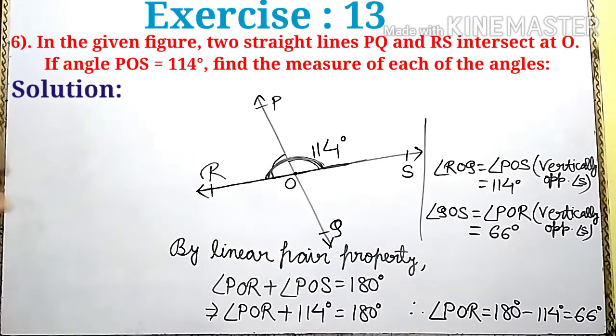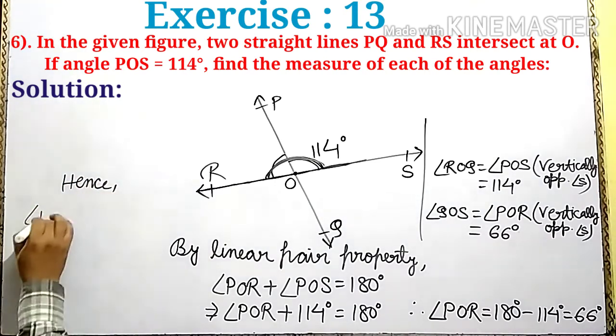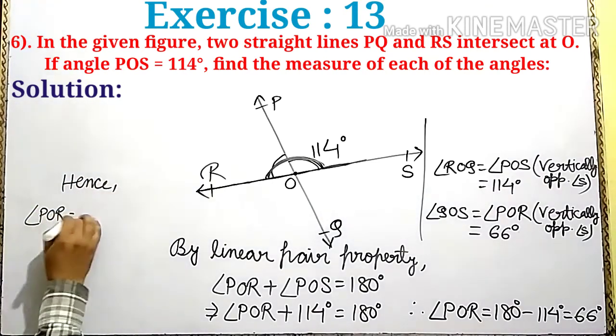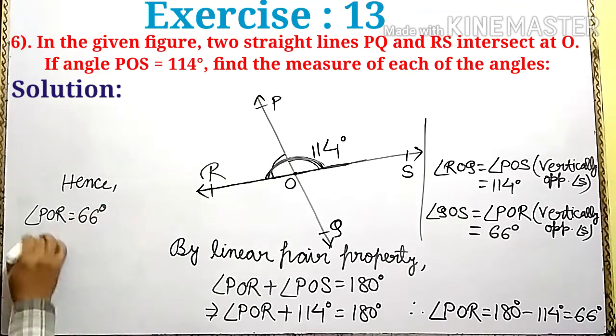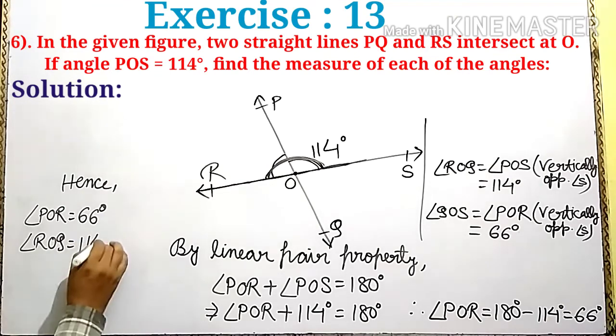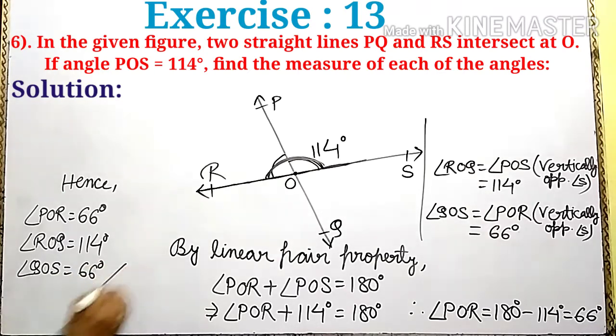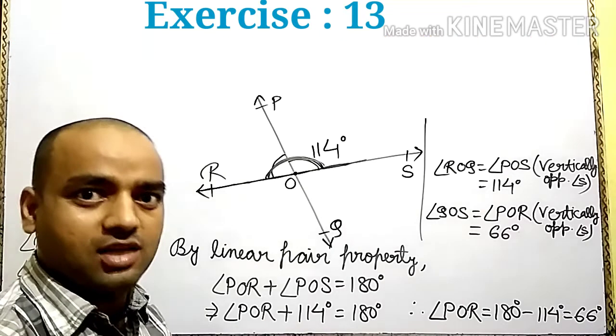So hence angle POR is equal to 66 degree, angle ROQ is equal to 114 degree, angle QOS is equal to 66 degree. Is it clear? Now let us discuss question number 7.